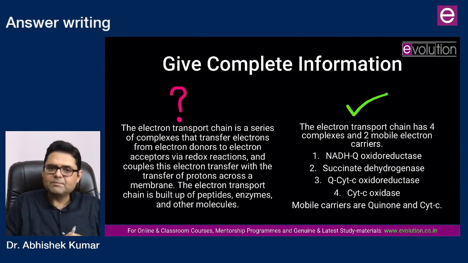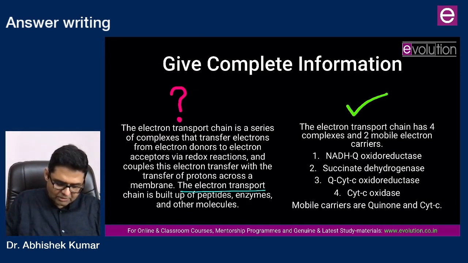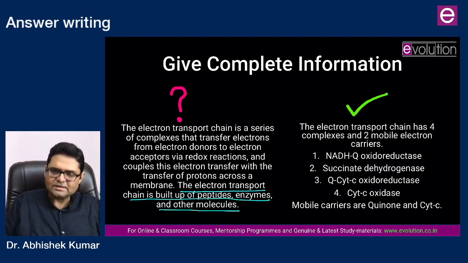Next, give complete information. Same example. Here it says the electron transport chain is built up of peptides, enzymes, other molecules. No, not like this. Simply, it has 4 complexes and 2 mobile electron carriers. That is complete information. There is nothing else that you have to add here.